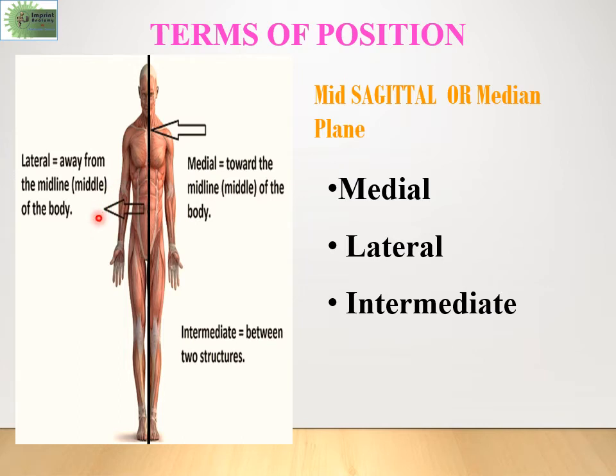If the structure lies away from the midline, it is lateral in position. So these two are opposites, medial and lateral. In between, if a structure lies in between, it is called an intermediate structure.